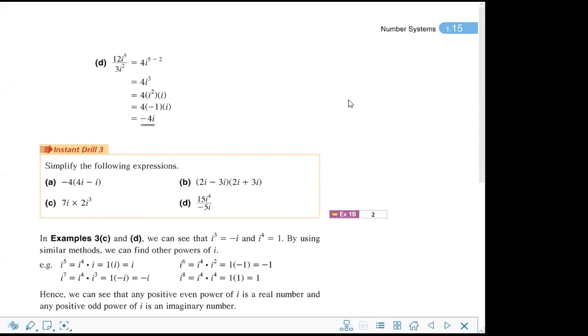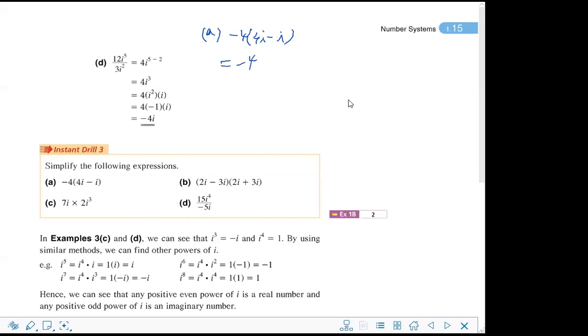Part A, -4 times (4i minus i). 嗱，呢一度留意喎，我見到有啲同學拆咗括號先，唔係唔得，但係我想你哋建立一個習慣：你見到括號裏邊加減嗰兩個 terms 係 like terms 嘅話，請你化簡咗個 like term 先。Okay, what I mean is the -4 should be copied, remains unchanged.